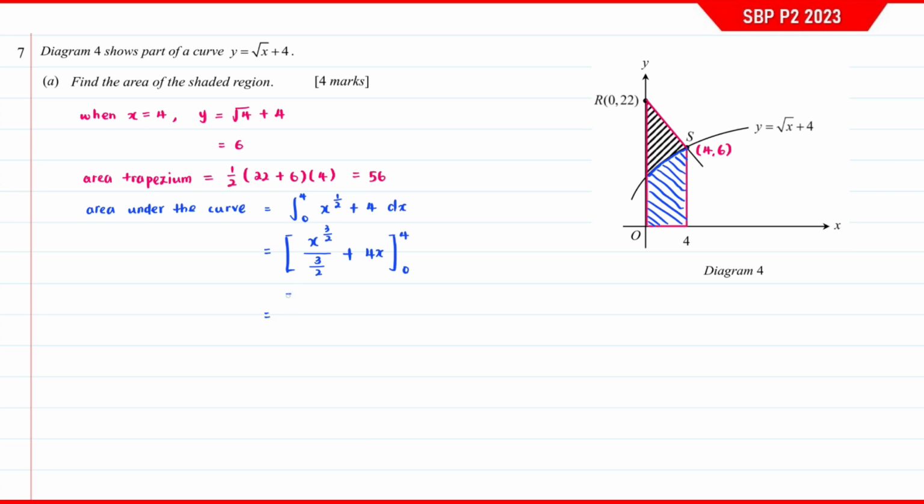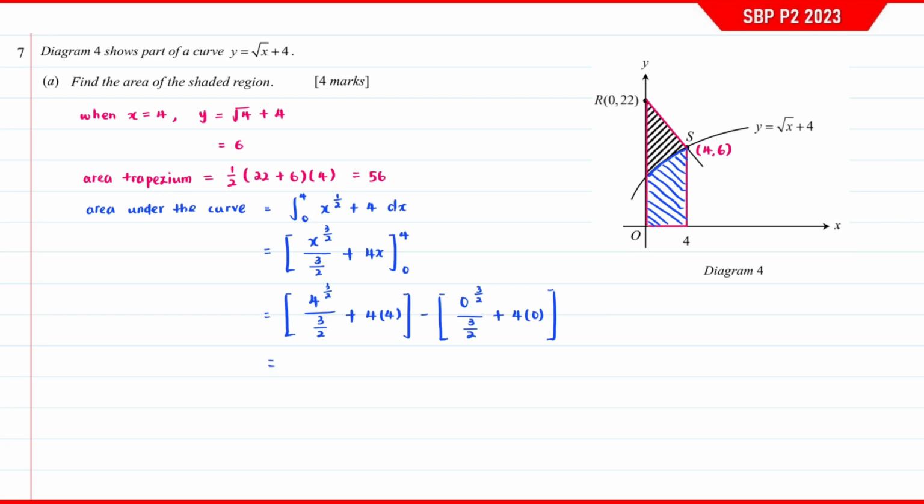Next, we need to substitute the upper limit 4 into the part that we integrated here. So 4 to the power of 3 over 2, over 3 over 2, plus 4 times 4. Then minus 0 to the power of 3 over 2, over 3 over 2, plus 4 times 0.